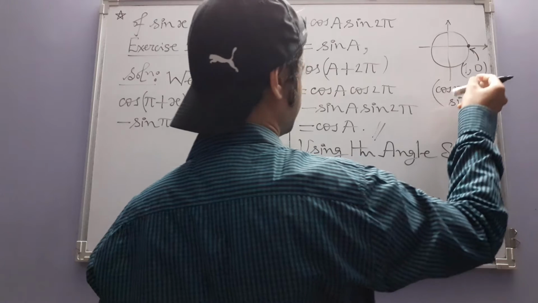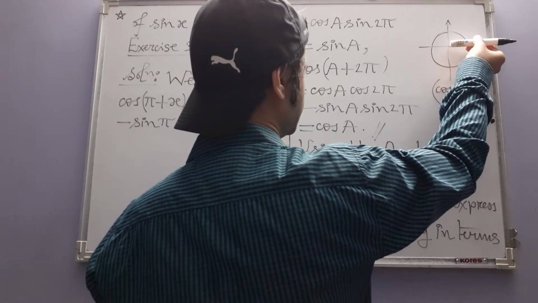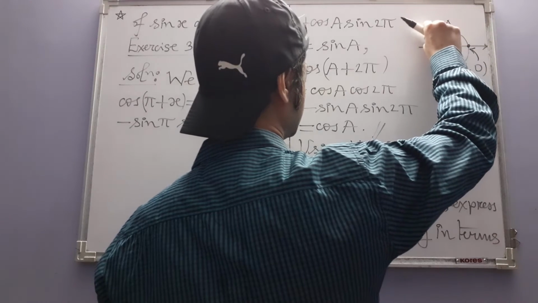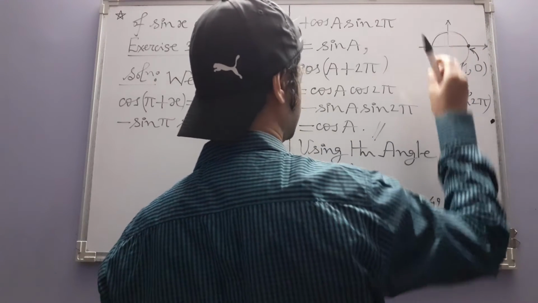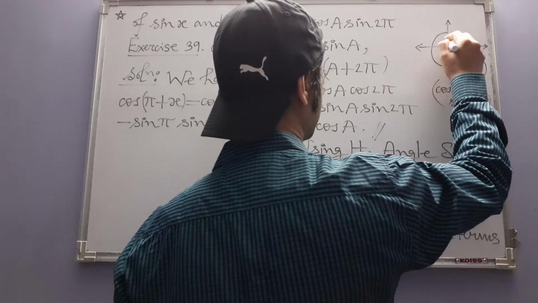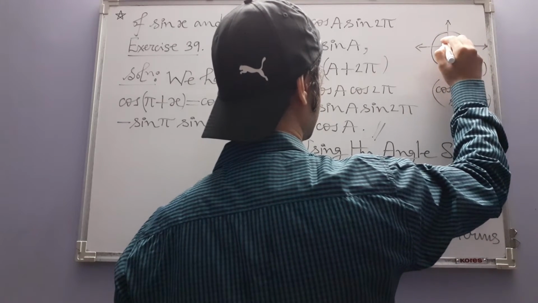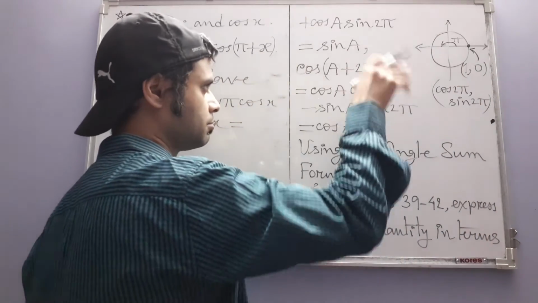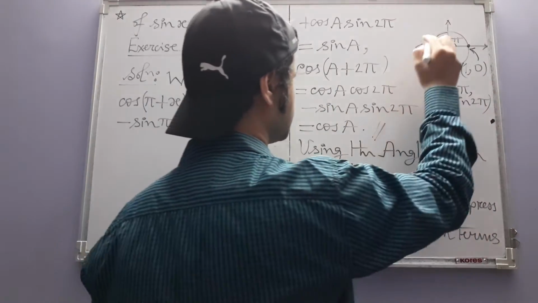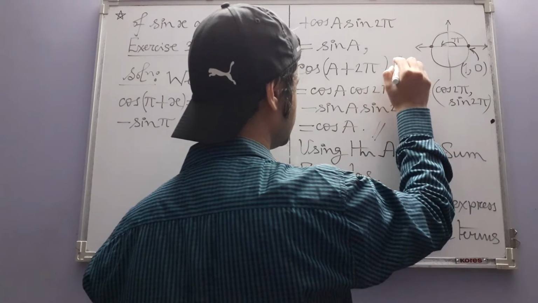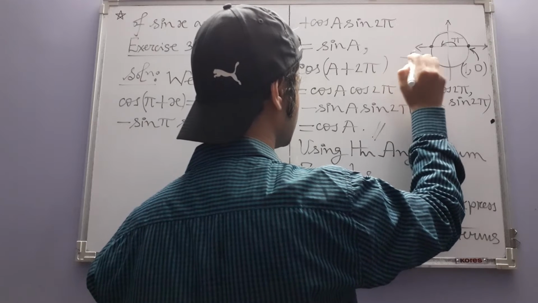Your angle pi, if you put it in standard position, then this is your initial ray. The final ray is this one, the negative x-axis. So this much is pi, because the angle is positive, the rotation is counterclockwise, and it intersects the unit circle at this point, whose coordinates are -1, 0.